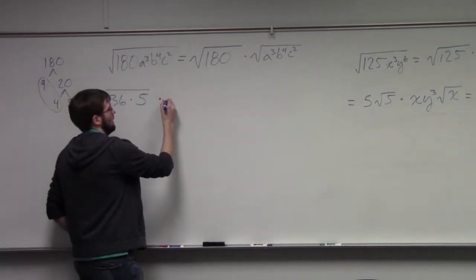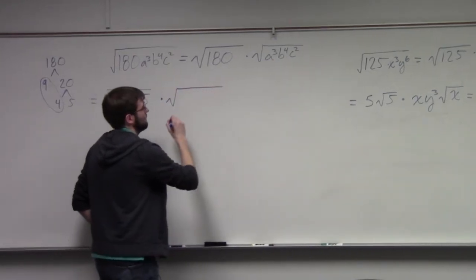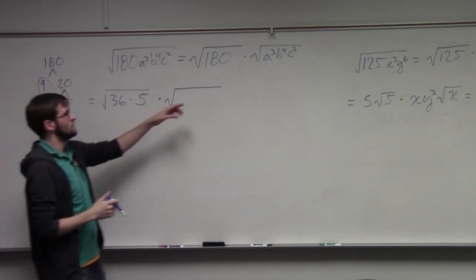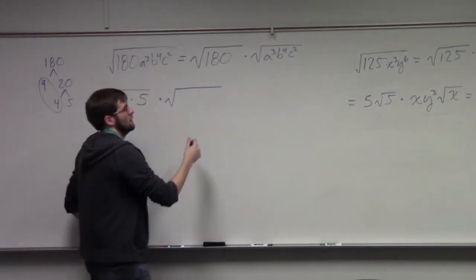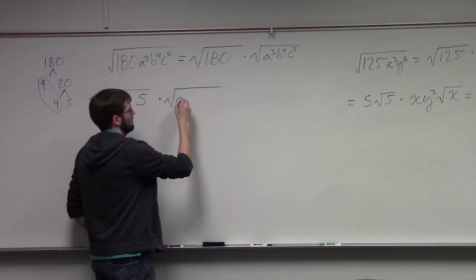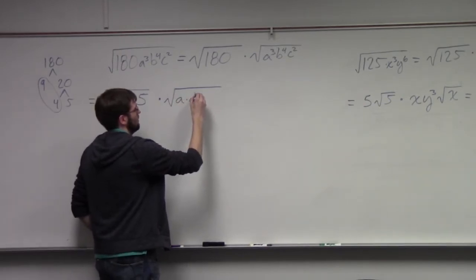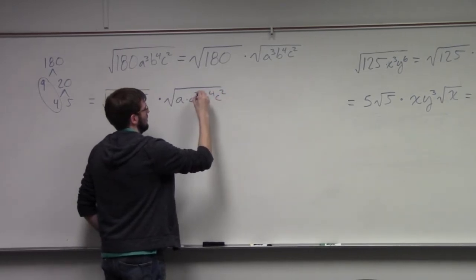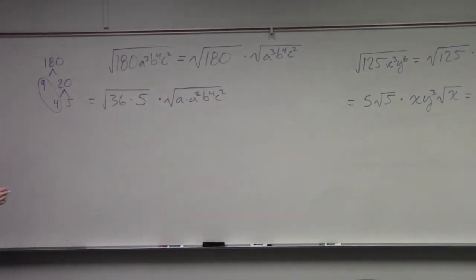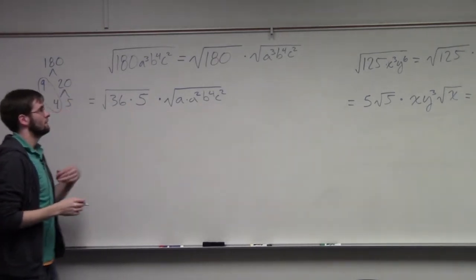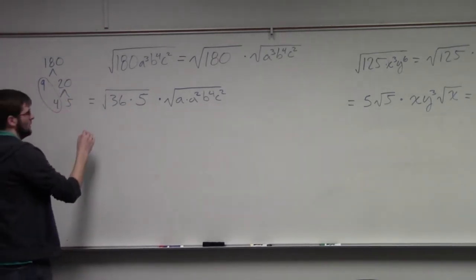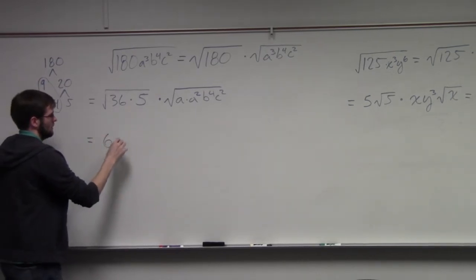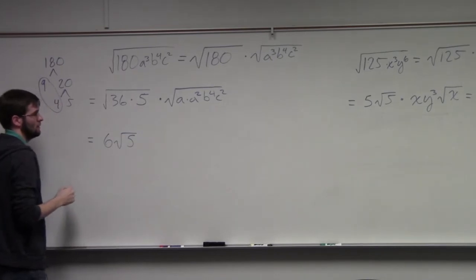All right. Now for the letters. The letters I think are the easy part. Do I have any odd exponents? I have 1, this guy. So I need to make him even. So I'm going to pull one of the a's out. All right. So now all these guys right here have even exponents. Right? So on the next line, what's the square root of 36? That's 6. Now he stays under the radical.